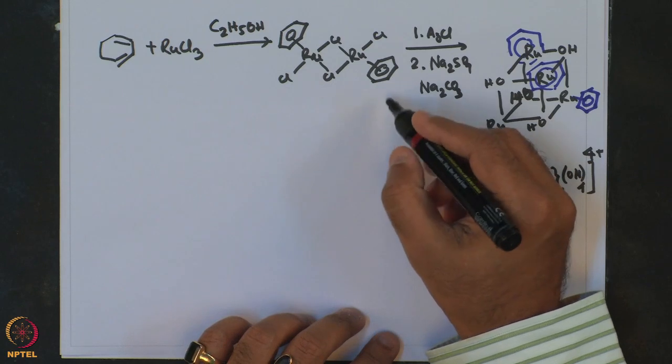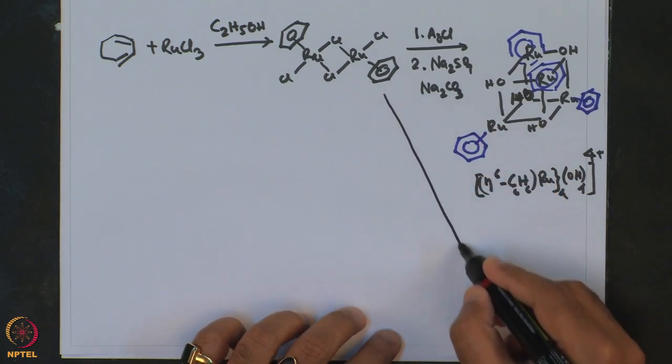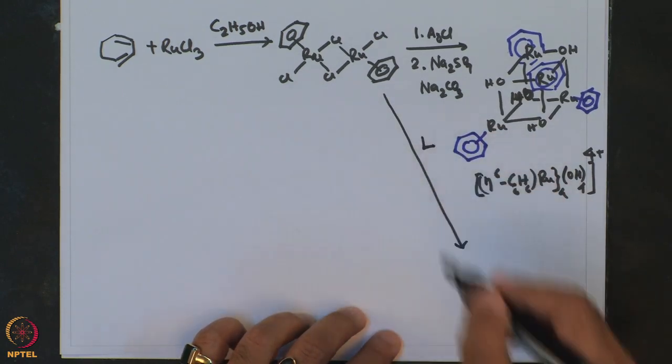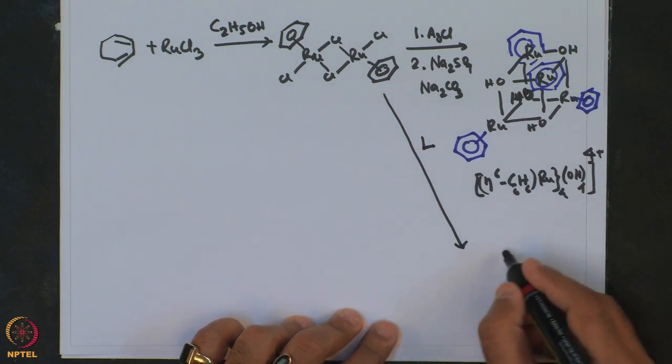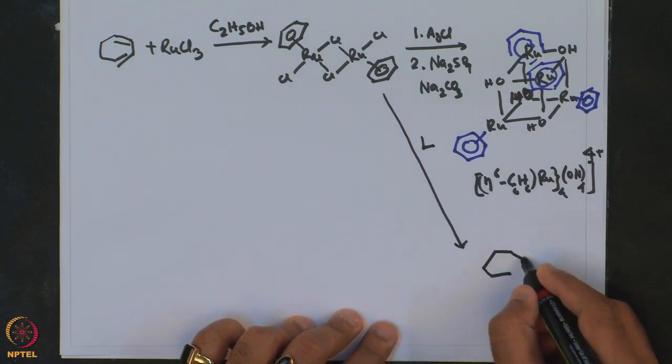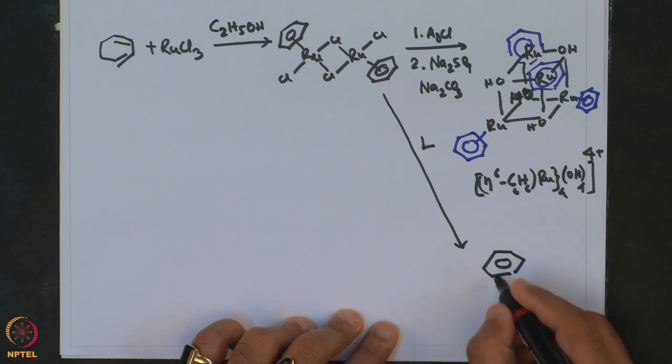The reaction of this ruthenium dimer with L breaks the dimer and produces the corresponding monomeric compound.